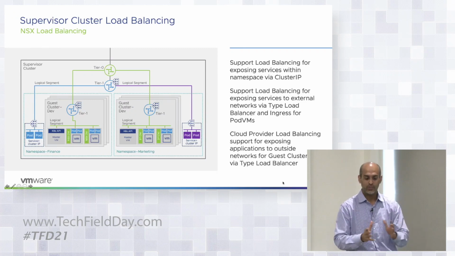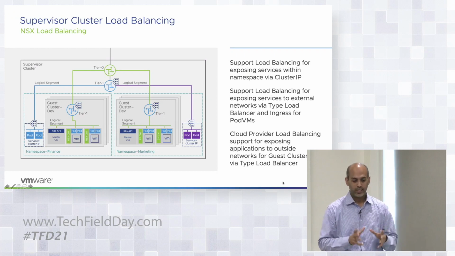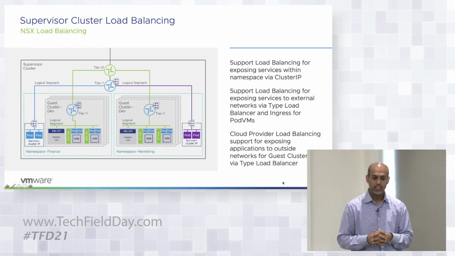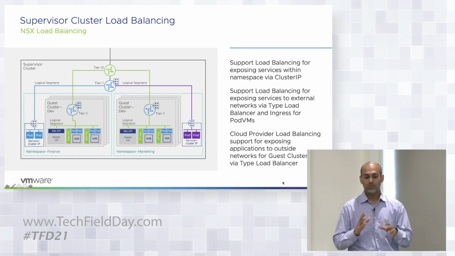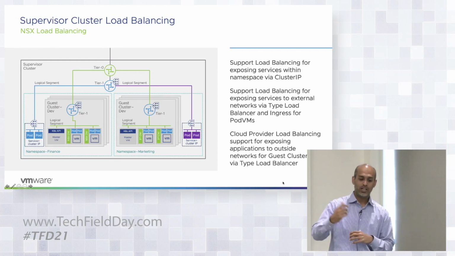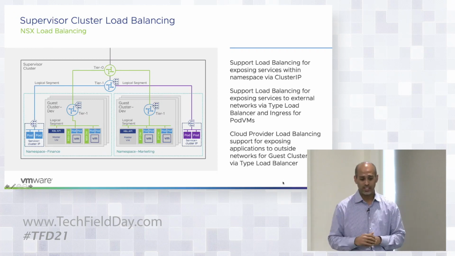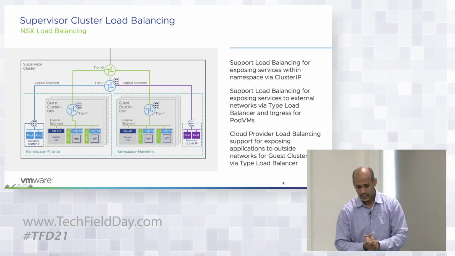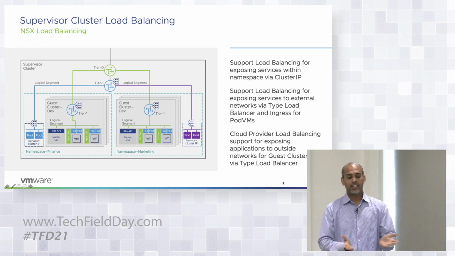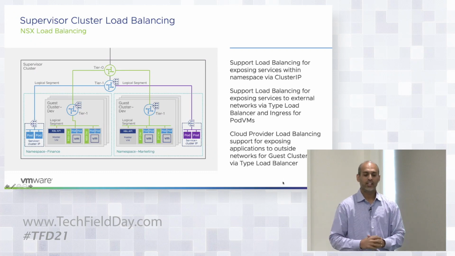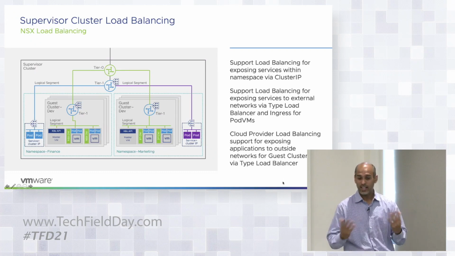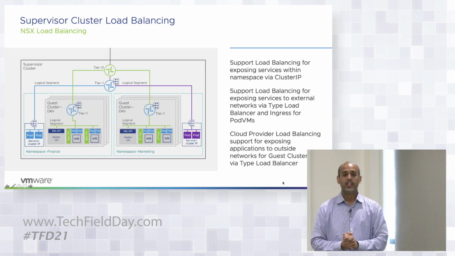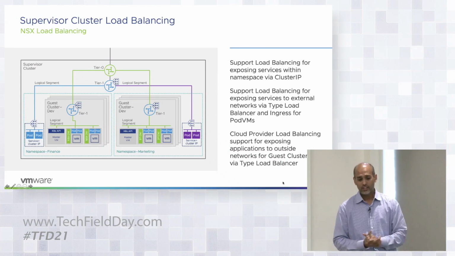So as you see in this diagram, you have a guest cluster or a Tanzu cluster that needs to expose an application to the outside world, outside meaning outside of the supervisor cluster. That's when a cloud provider load balancer is leveraged, just like in any other cloud. So here, NSX providing the load balancing will act as the cloud provider load balancer, and that's integrated into vSphere 7.